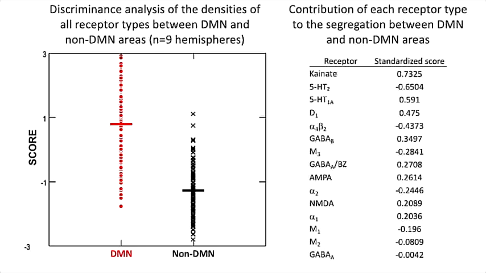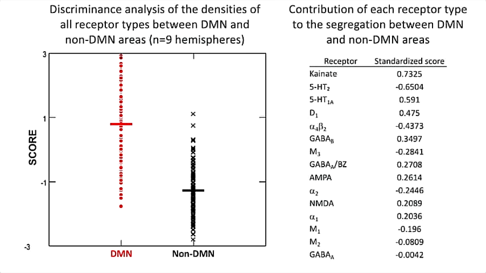And surprisingly, for this separation between default mode and the rest of the cortical systems, not AMPA, the main excitatory receptor, and not GABA-A, the main inhibitory receptor, are most important. It's kinase, 5-HT2, 5-HT1A, and GABA and AMPA are in the second half of the most important receptors.